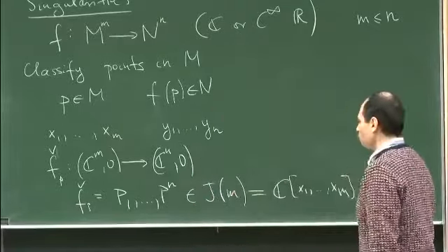This means I divide by all the monomials of degree at least d plus 1. And so this J_m^d is now simply a nilpotent algebra.